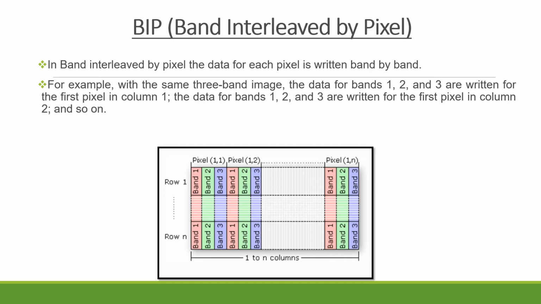Then suppose our second band is green, then we save the data for the first pixel of the first line of the green band. And then we repeat this process one by one till all the pixels in all the lines of all the bands are covered. So here is an image in which you can see what we have done.